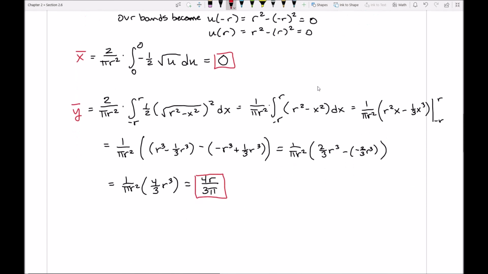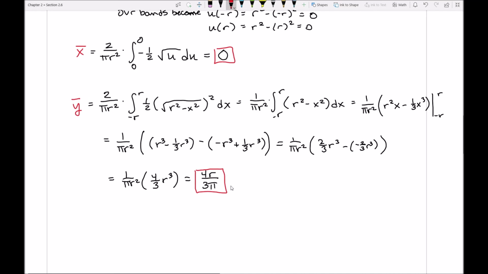Well, a good way to try to estimate this is to just quickly think, if I rewrote this here as 4 over 3 pi times an r, but if I wrote it like this, I could go ahead and think, well, wait, 4 over 3 pi. 3 pi is roughly just 3 times 3, so this is like roughly 4/9 of r.